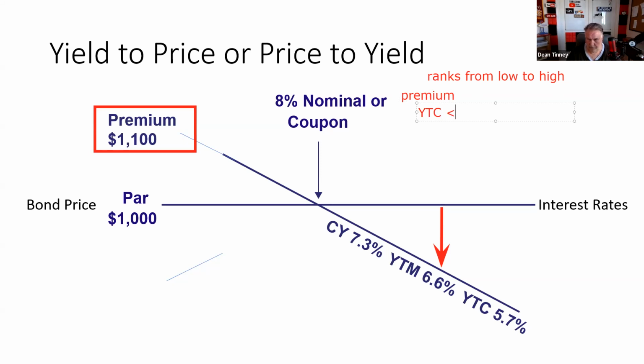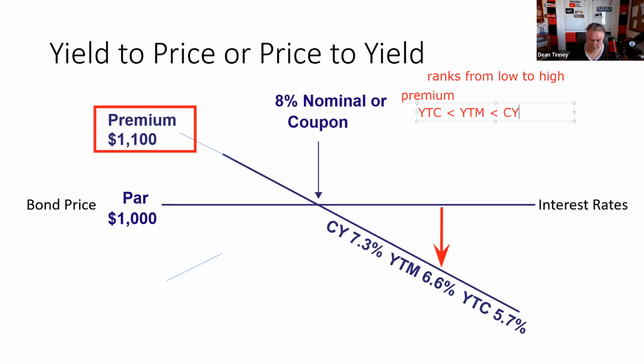And remember this from grade school? Do you remember the greater than, less than signs? So the yield to call is the lowest yield for a bond purchased at a premium. And then it would be yield to maturity. Remember what the fancy word is for yield to maturity? The fancy word is basis. Then it's going to be the current yield.